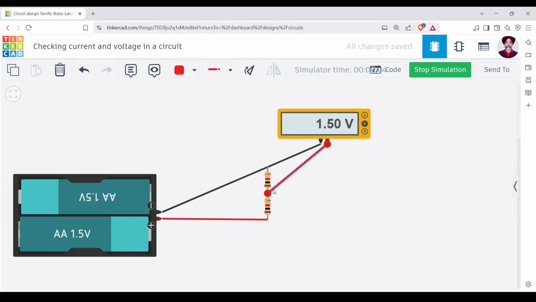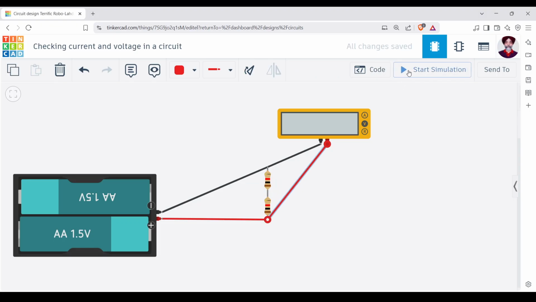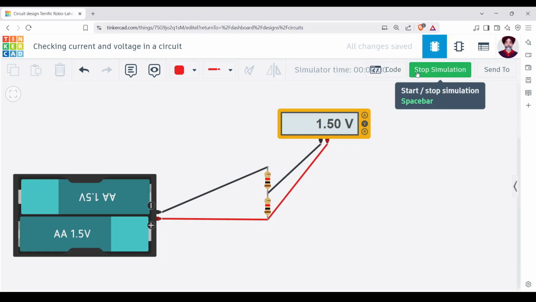If I change this terminal from here to here, it is going to give me 3 volts. If I change this terminal from here to here, it is going to give me 1.5 volts. So it is 1.5 volts across this resistance, and 1.5 volts across this resistance. The total of both the voltages is going to be 3 volts. That is the voltage which is being input to the circuit.